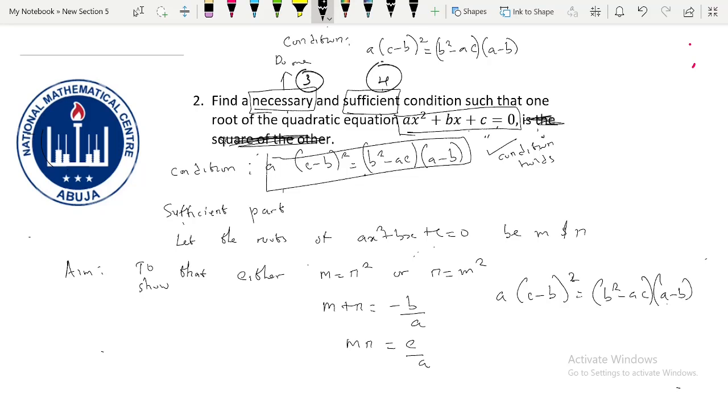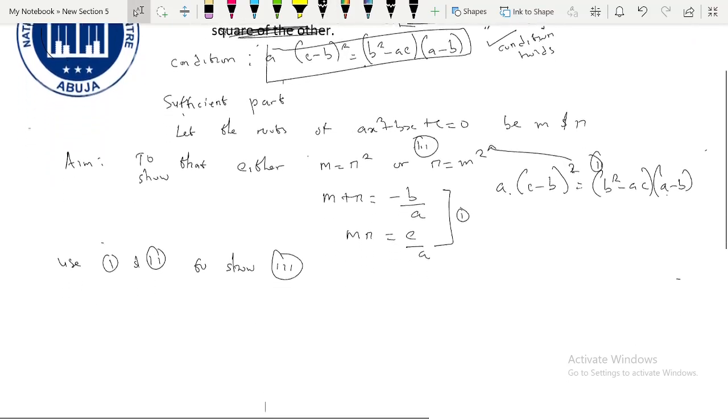So then I want to use 1 and 2 to show 3. Wow, so this is something to work on. So let's just see how we can actually go about this.